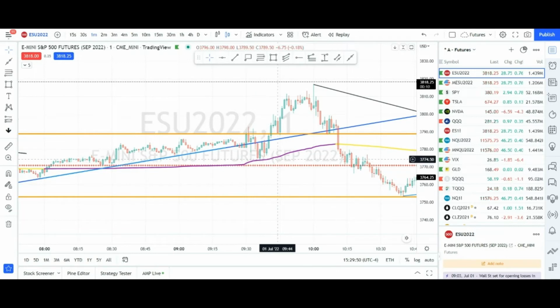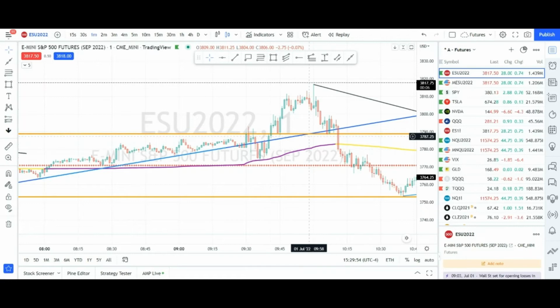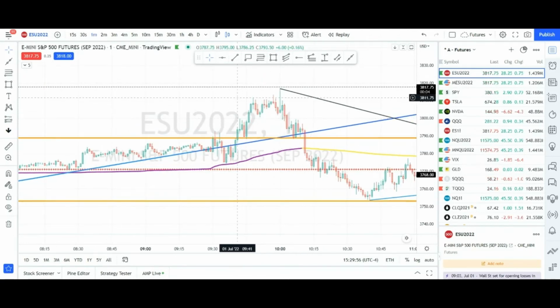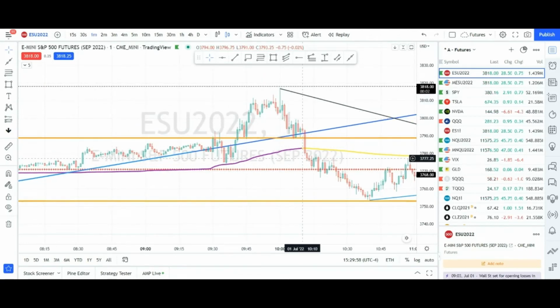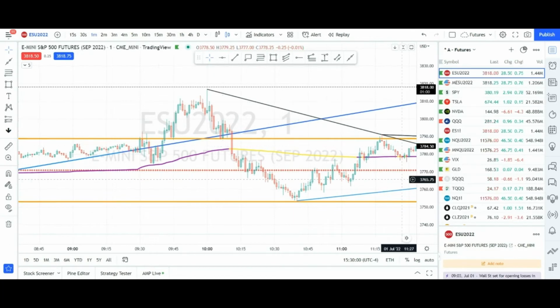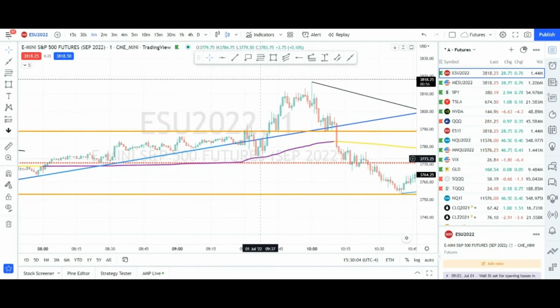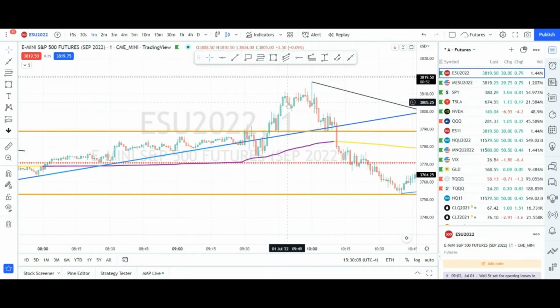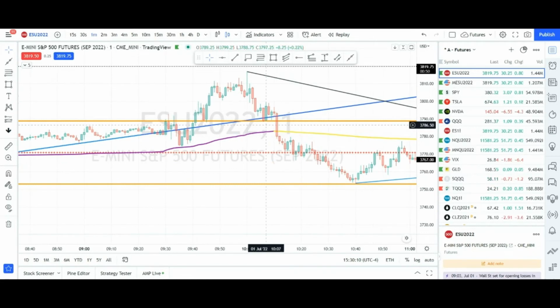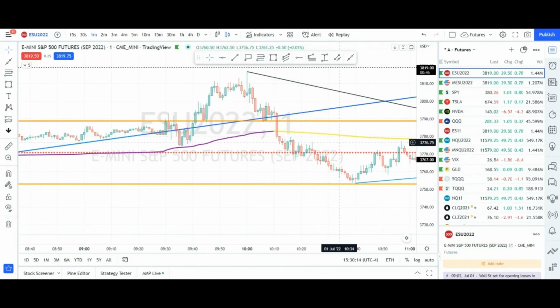I put these colors because I want to see if I need to go bull or bear. If the price is resting over this purple line, I know the price will shoot up. If the price goes below this line and the color changes to yellow, I know I need to go bear.